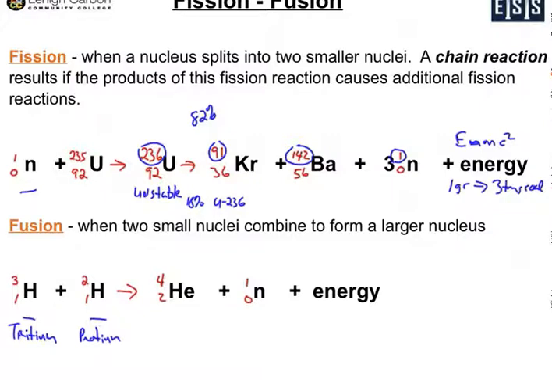When you get these two isotopes and enough heat to form those, and then even more heat so that they can fuse together, you can make helium. And you also get a release of a neutron when this happens.